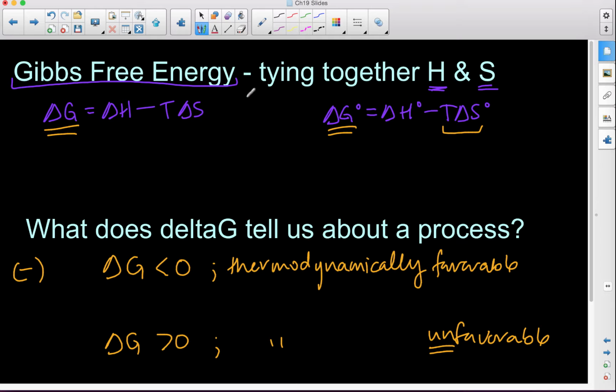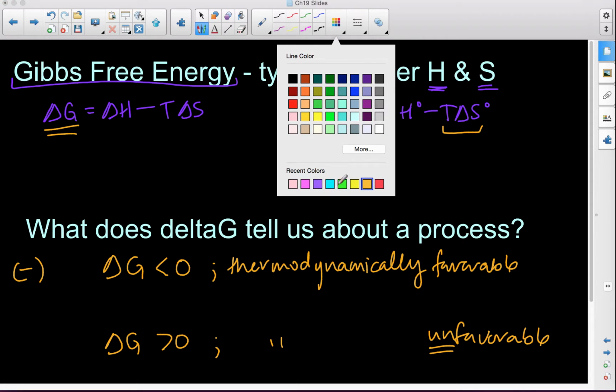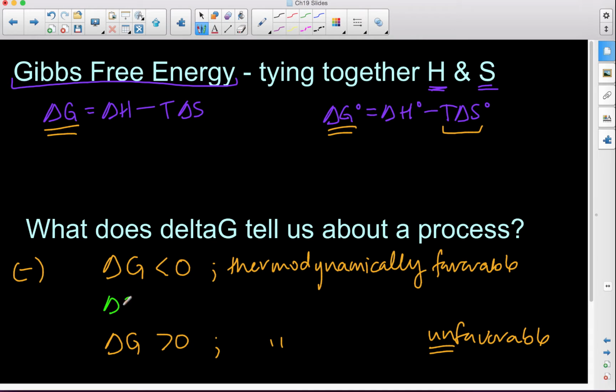That leaves us with the obvious part in the middle: delta G can equal 0. So what happens when delta G equals 0? Equilibrium. That means we are at equilibrium.